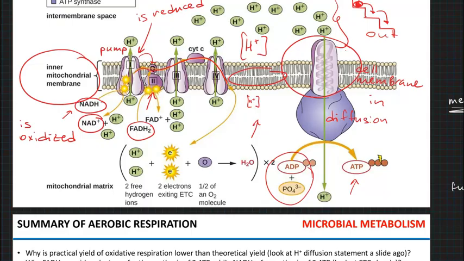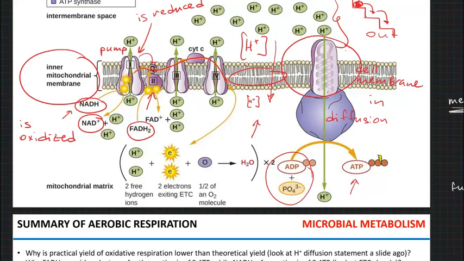Hydrophilic, so they can't cross the membrane. At all? Some of them manage to pass it by. The membrane is a little bit leaky for hydrogens.